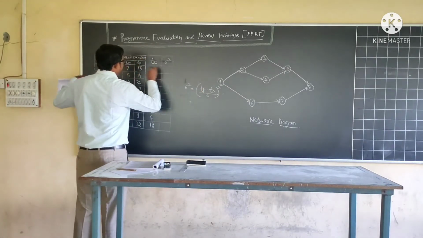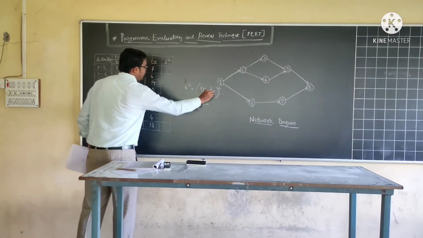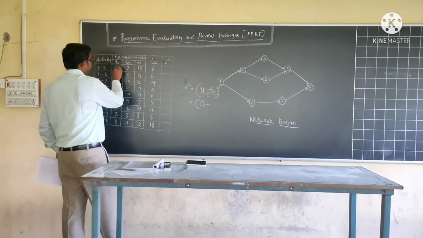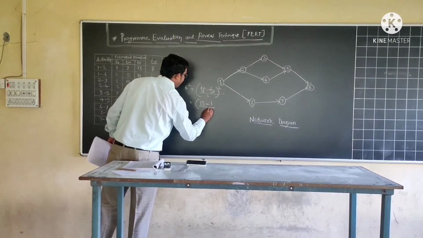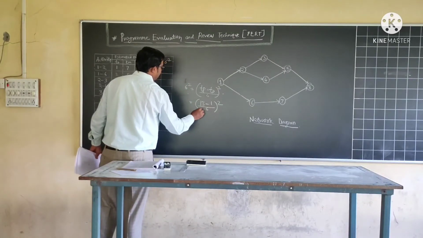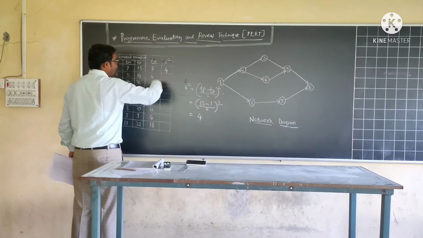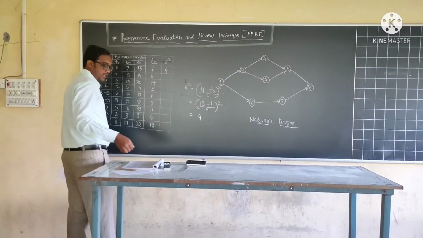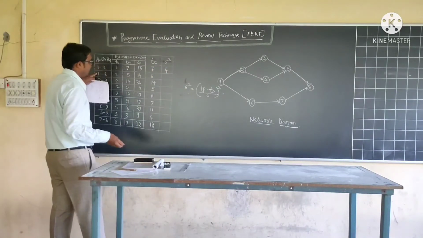What is the value of TP, that is pessimistic time? 13. 13 minus TO, the value of TO for activity 1 to 2, which is 1, divided by 6 bracket square. 2 square is 4, so it comes to 4.